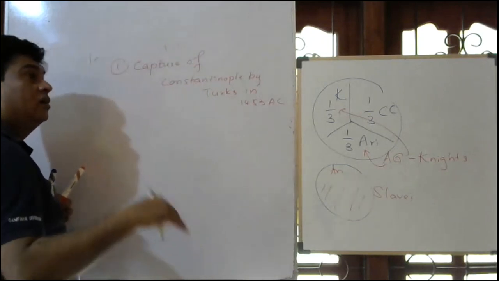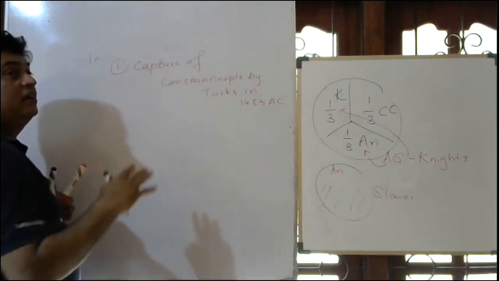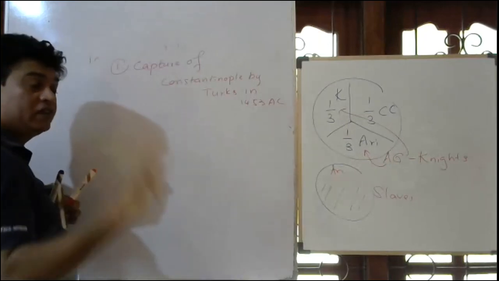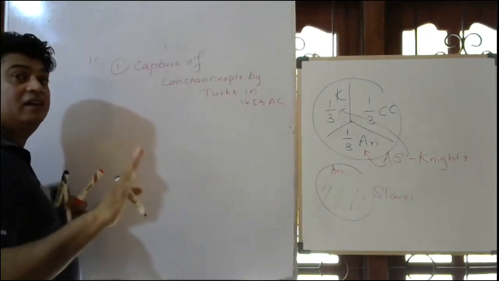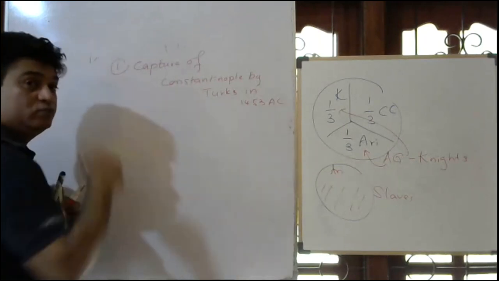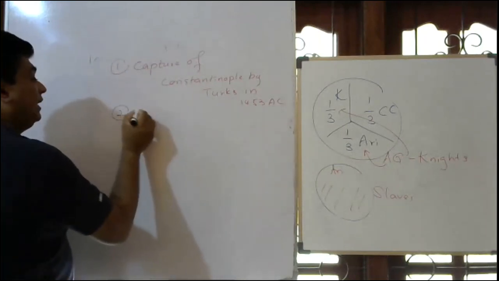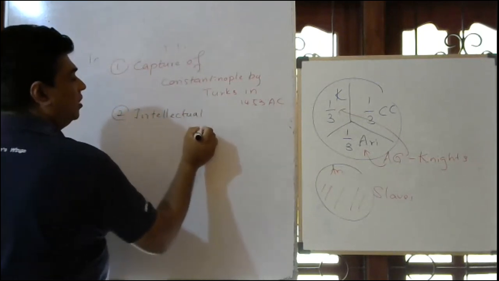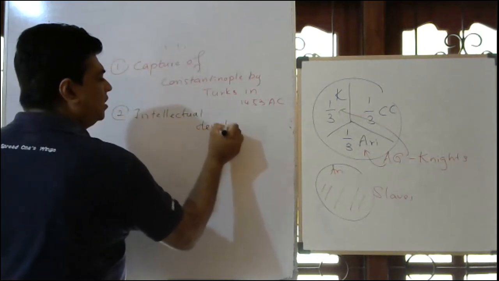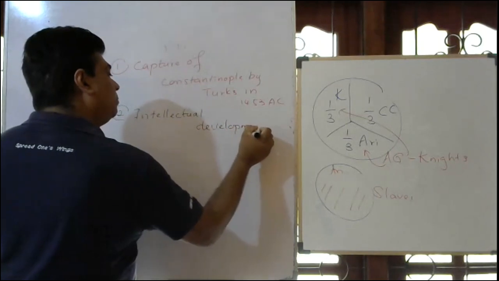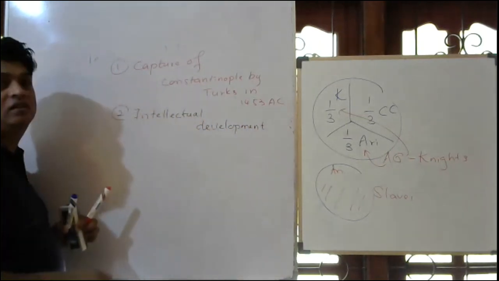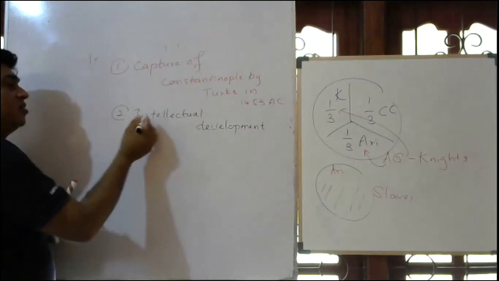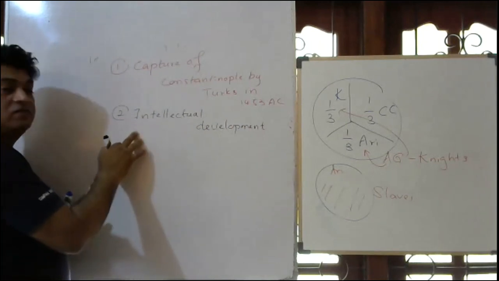They started propagating the Latin and Greek languages. People in Western Europe started learning Latin and Greek and reading these books, and there was an intellectual development. What is intellectual development? That means development and improvement of knowledge. The second reason is the development of knowledge.